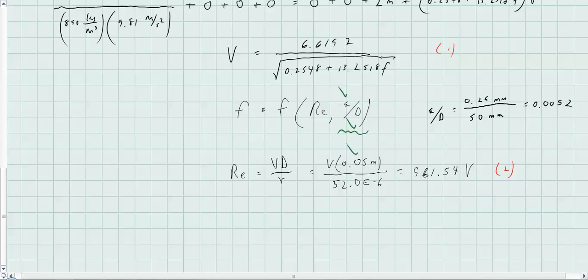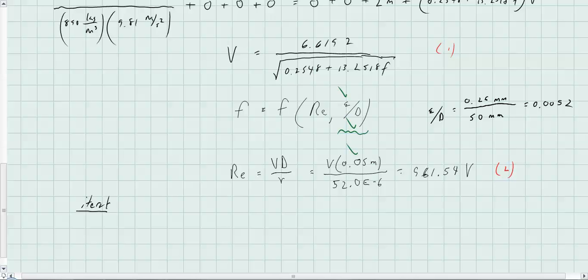Once again, we have two equations, two unknowns, and we're going to go through a standard iteration. So here's what we'll do. We'll label all the key components.